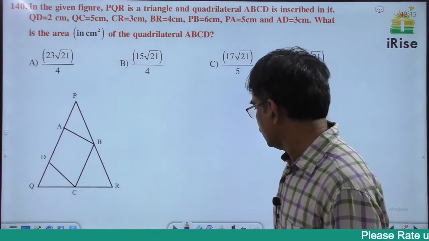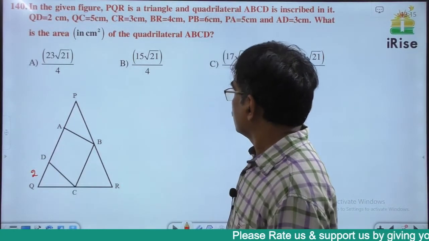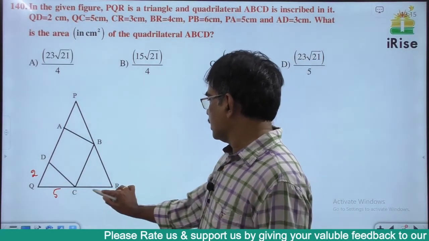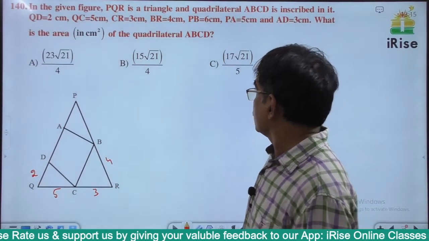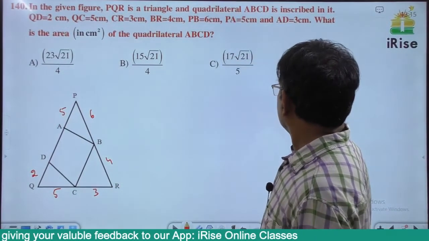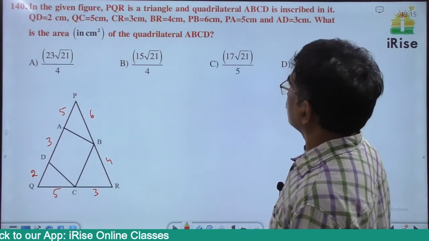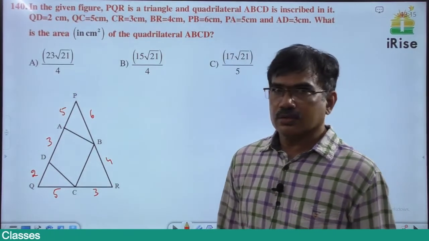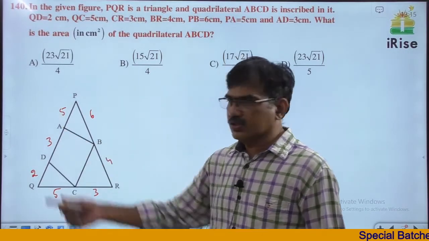QD is 2 centimeters, QC 5 centimeters, CR 3 centimeters, BR 4 centimeters, PB 6 centimeters, PA 5 centimeters, AD 3 centimeters. Then what is the area of quadrilateral ABCD? We have to find the area of this part. So total area minus these three triangles' areas gives the area of this part. That's all.